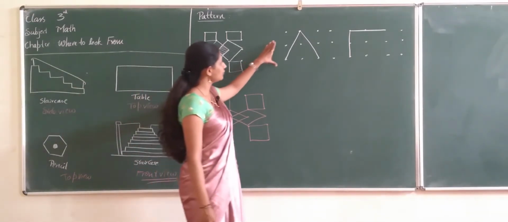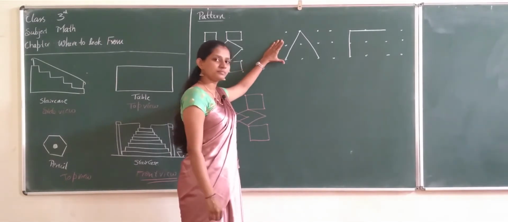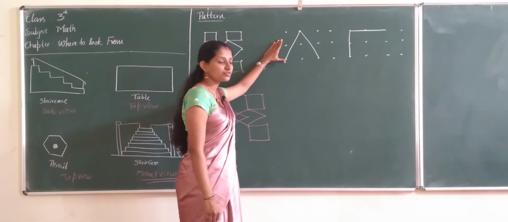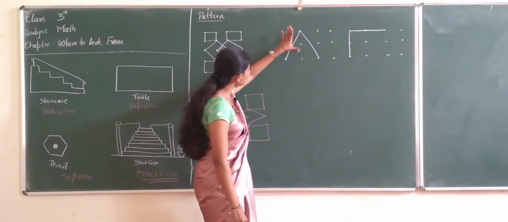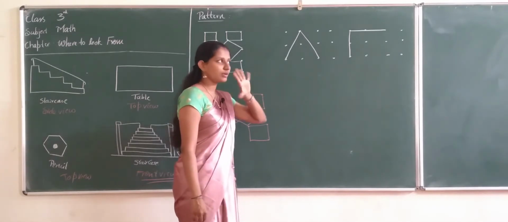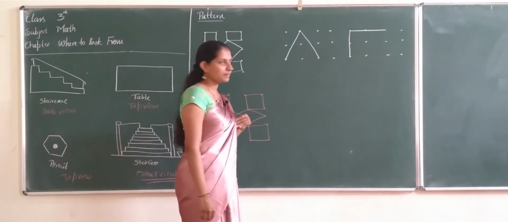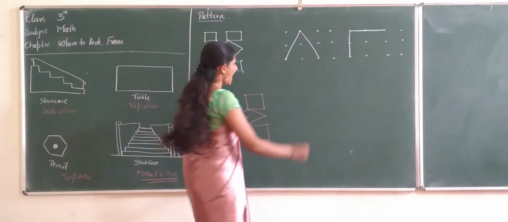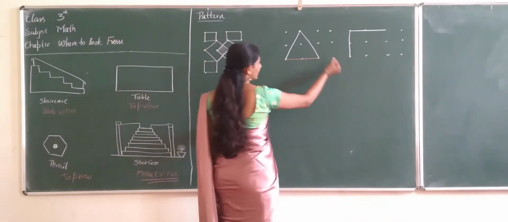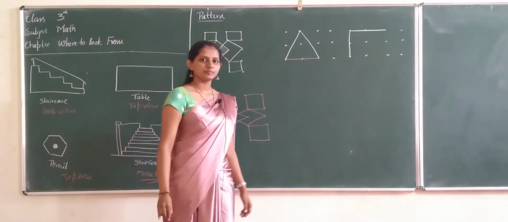Now, can you complete this one? What shape is it? I have already joined these 2 dots and these 2 dots. Can you draw one shape? One geometrical shape? What is that? Triangle. I can draw a triangle by joining these 3 dots.